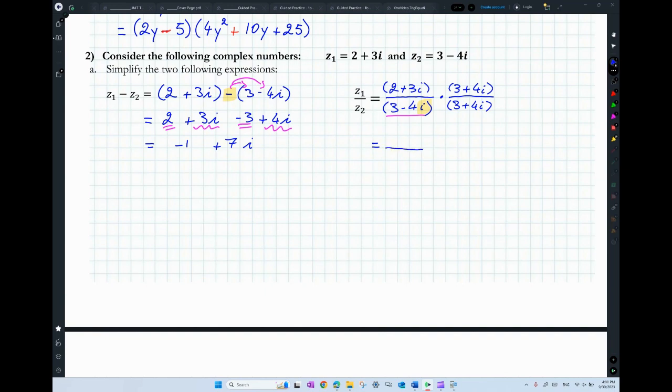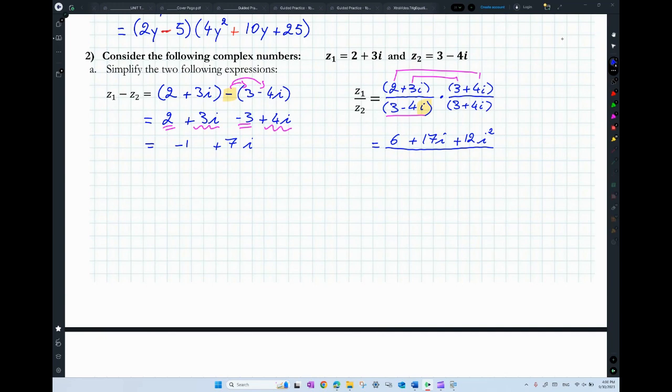So for the top, the numerator, I'm going to distribute, you just have to FOIL. 2 times 3 is 6. 3i times 4i is positive 12i squared. And the middle term will be 9i plus 8i, which is 17i.